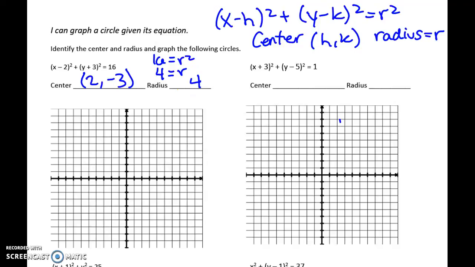So what I'm going to do now, I'm going to plot my center at 2, negative 3, just like that. And then I'm going to make 4 points that go up, down, left, and right that are all a distance of 4 away from that center. So I'm going to go up 4, right 4, down 4, and left 4.